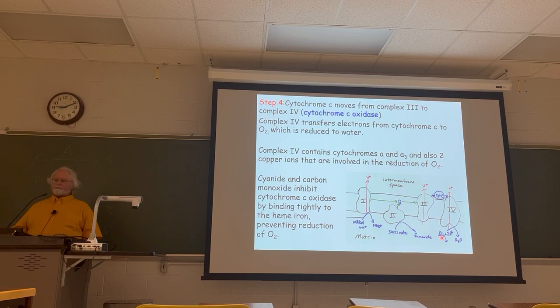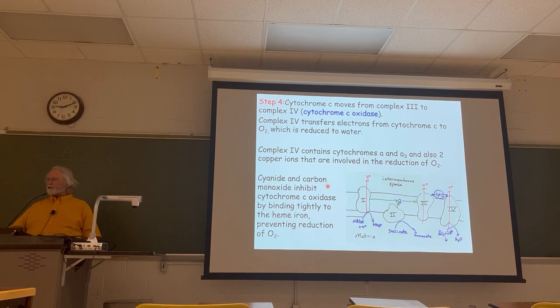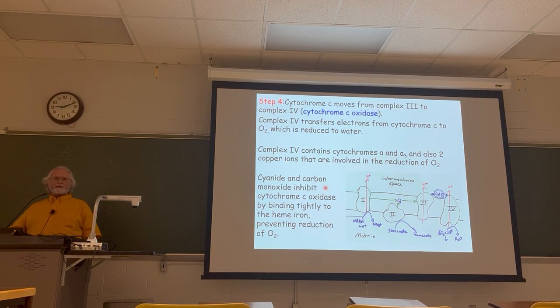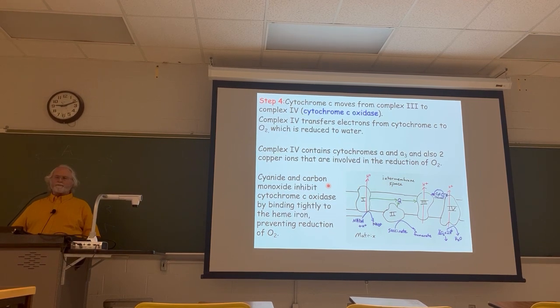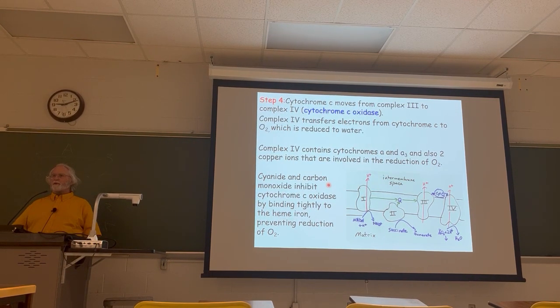There are 2 kind of famous poisons that inhibit complex 4, and that's cyanide and carbon monoxide. Both of those work as competitive inhibitors. They take the place of oxygen in complex 4.